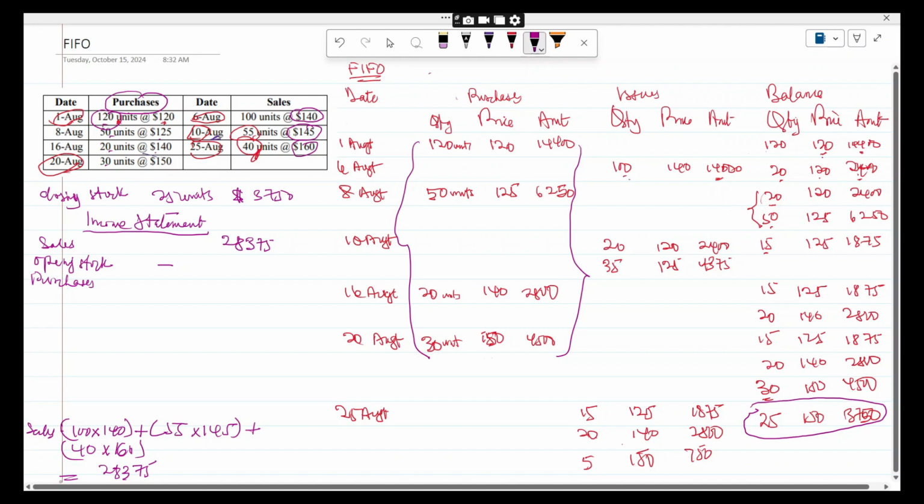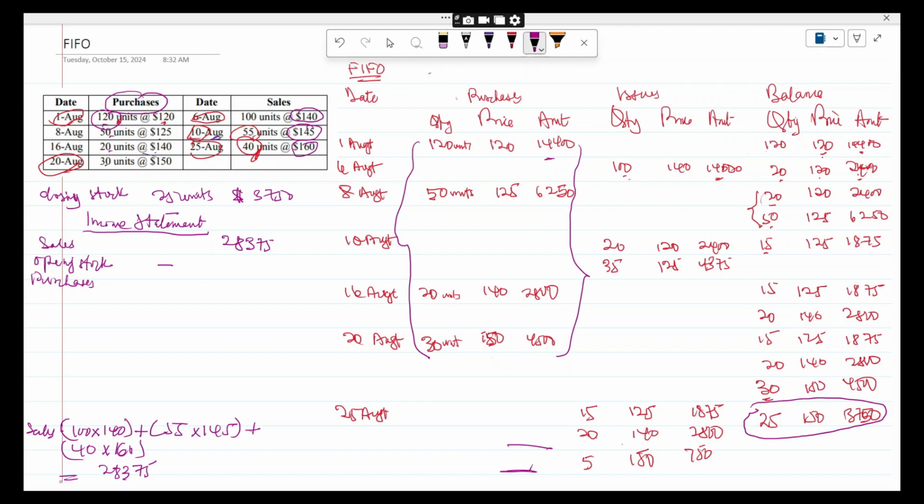So we are going to add 14,400 plus 6,250 plus 2,800 plus 4,500.